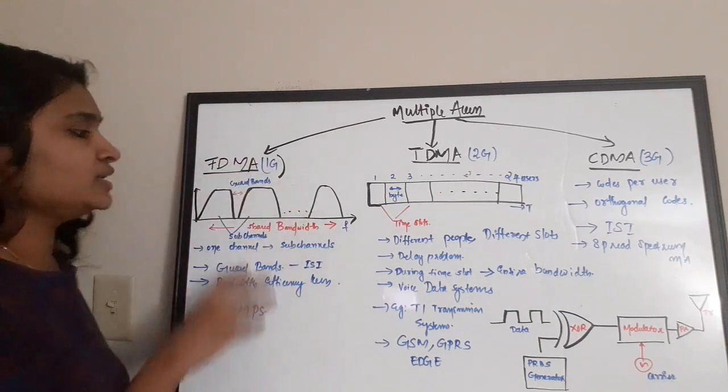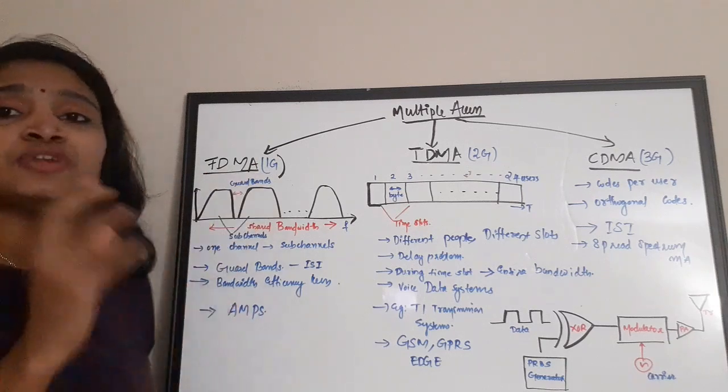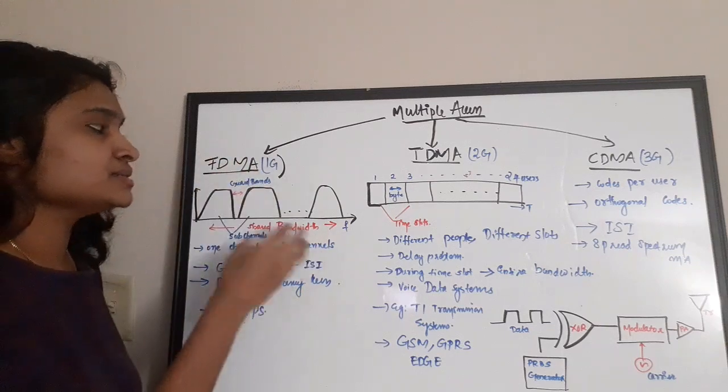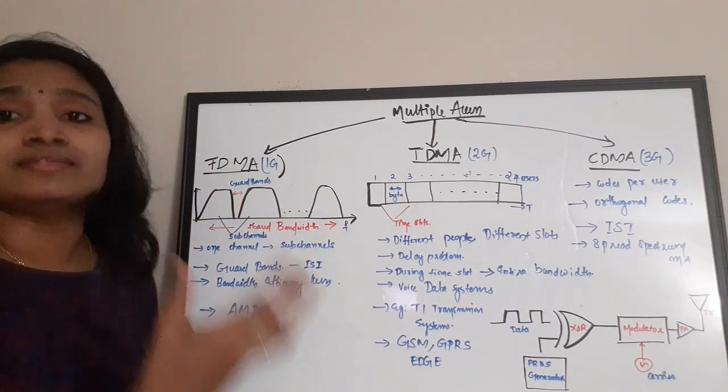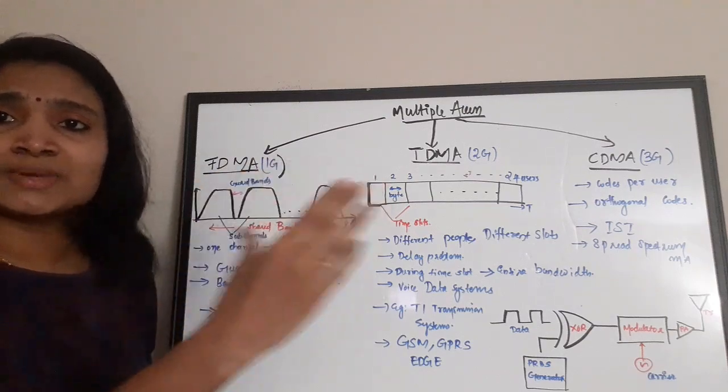Now what is FDMA? Let's start with the first generation. FDMA means frequency division multiple access, where the frequency is divided. The entire bandwidth of the communication channel is a spectrum of frequency.